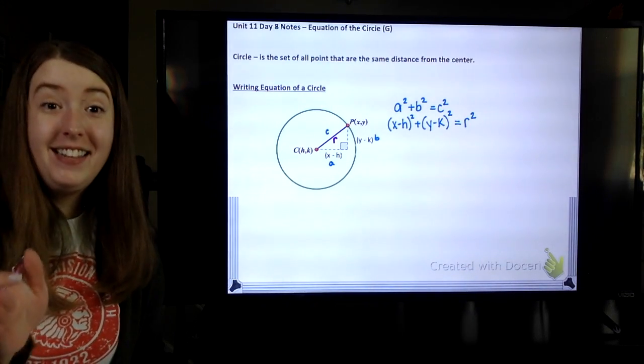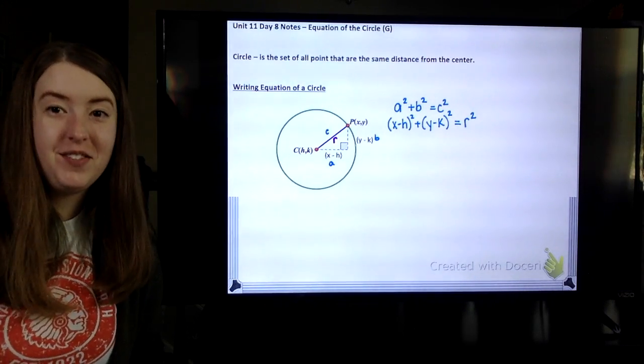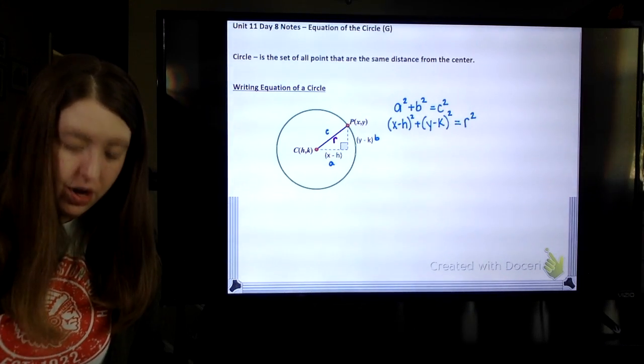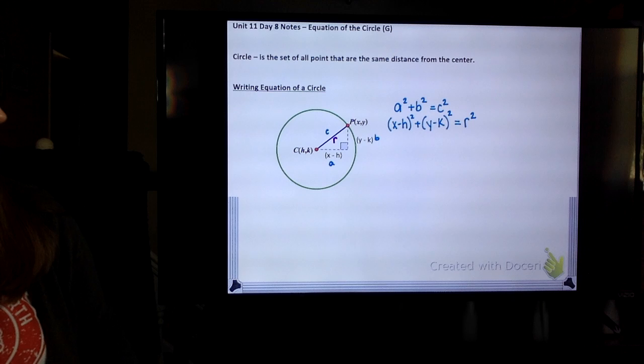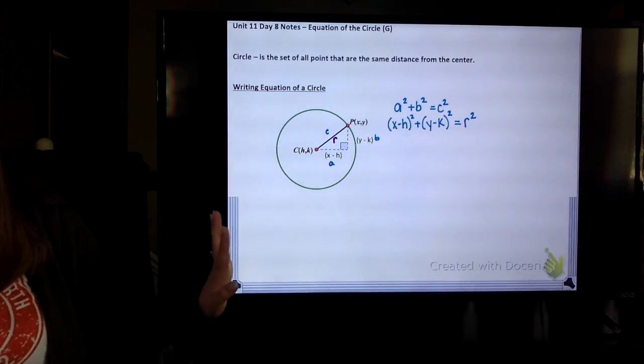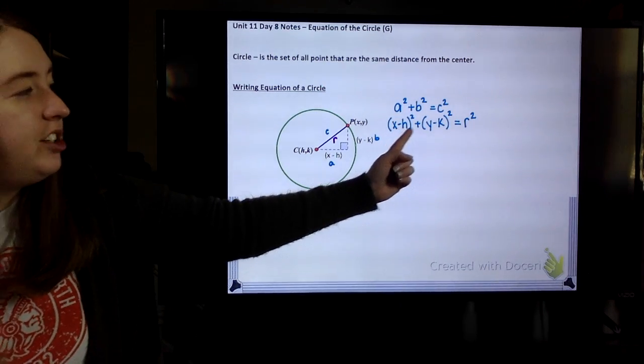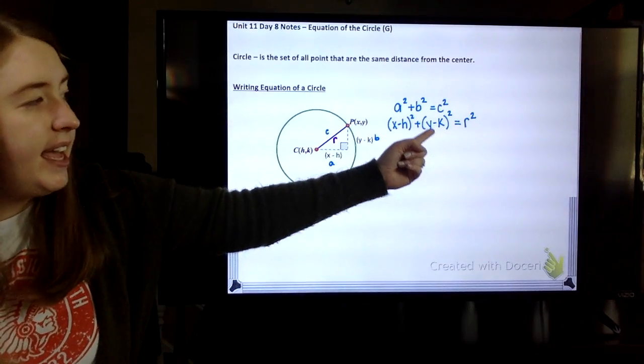Anyways, Pythagorean theorem, circles, equations of circles, woohoo. One thing that I am hoping you notice right now: I have x minus h and y minus k.